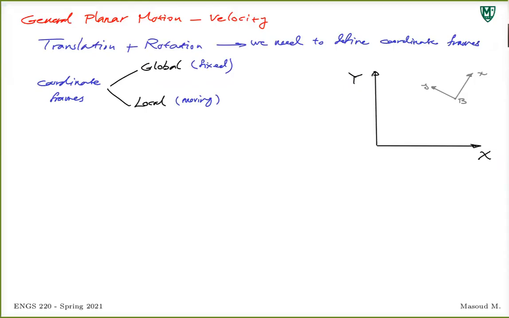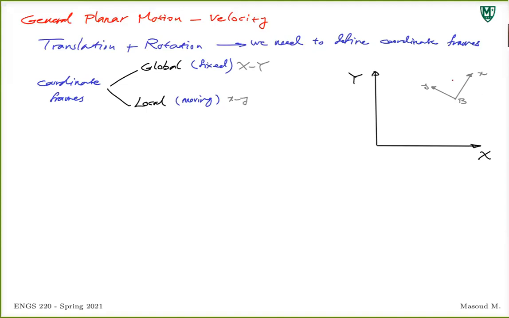The origin can be attached to it, or your rigid body can rotate with respect to the frame, but it still goes everywhere with it, and there is possible rotation about the axis of your local frame. So the global frame is XY, your local frame is xy.